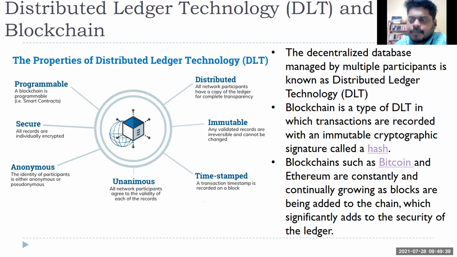Programmable, that is the part where the smart contract comes in. Think about any transaction. One part is financial transaction. Think about transactions in terms of supply chain, or in terms of document verification, right?